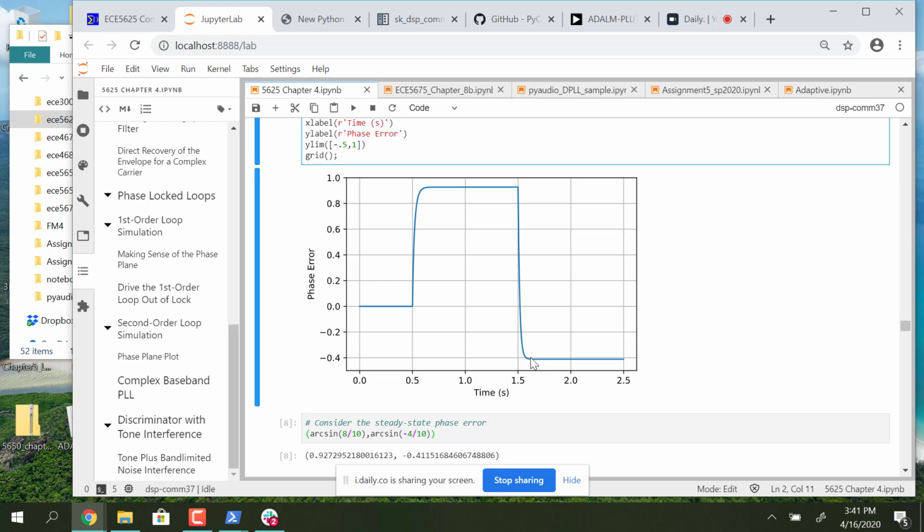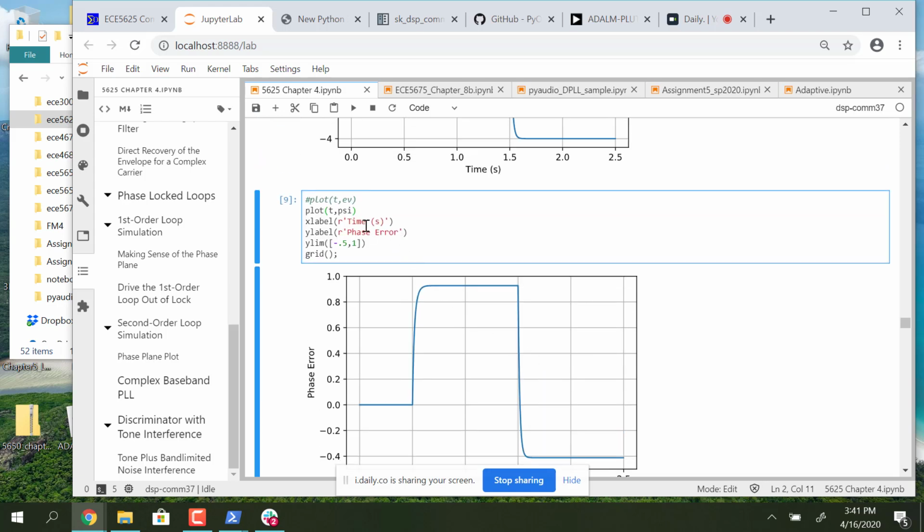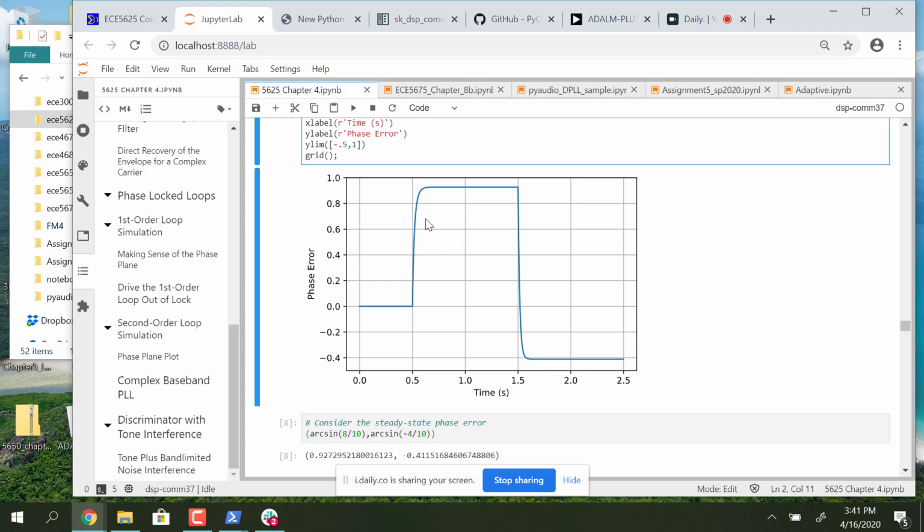So this steady state phase error is psi. The value that actually gets through the loop is the sine of psi. So that's why this is not 8 but 0.8, and why this is not 0.4, minus 0.4.